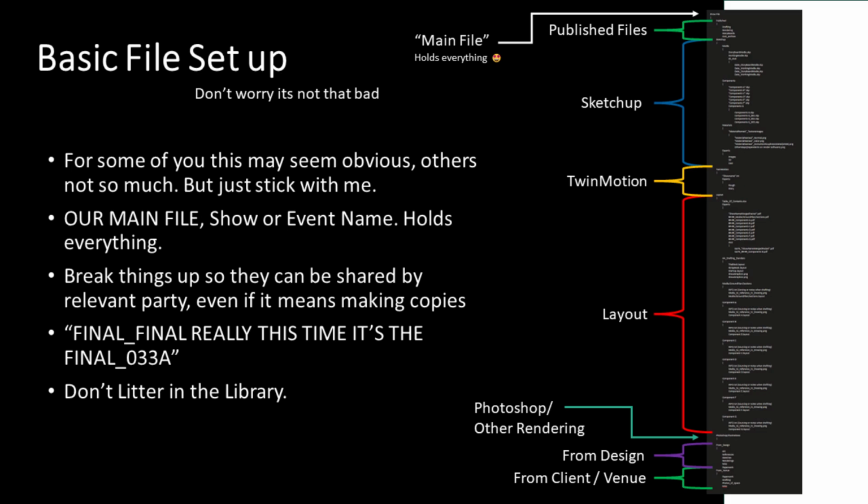Then next up, we've got our publishing file. We'll touch on all of these later on. Then we've got SketchUp, Twinmotion, Layout, and then any other software that you may have. Again, we're only going to touch on SketchUp, Twinmotion, Layout. And then below that, we've got stuff from the designer and from the venue. For some of these, it may seem obvious, but again, stick with me so that we're all on the same page.